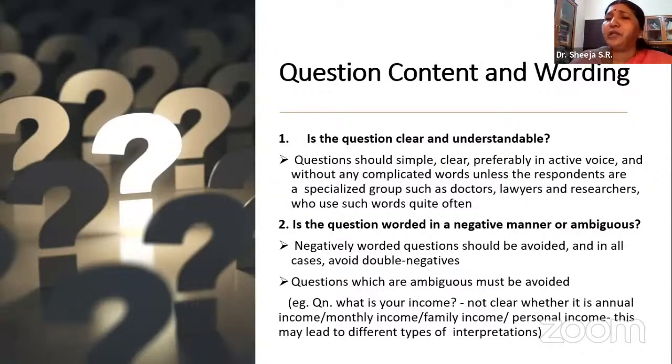However, you can use very complicated words if you are collecting information from a specialized group, such as doctors or lawyers or researchers who use technical terms most often. Then it's okay. Otherwise, you have to use very simple words.